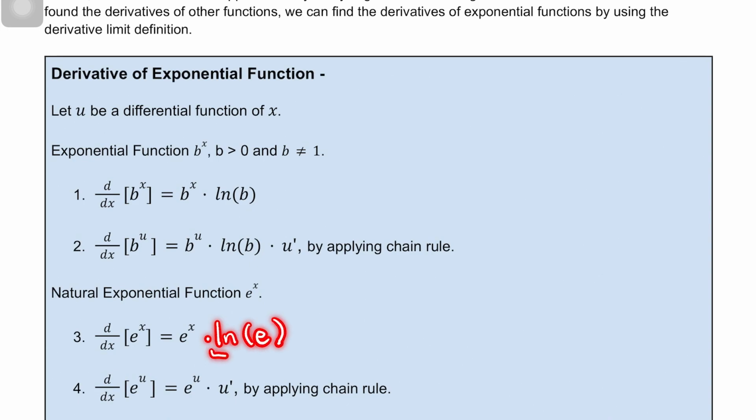But remember, what happens here is that these two are going to cancel each other out. In fact, you can put this in a calculator: the natural log of e to the 1 is equal to 1. So there's sort of always a 1 there. It still follows this rule, but we know we're going to do this so many times that we say, well, it's always going to be 1, so why write it out?